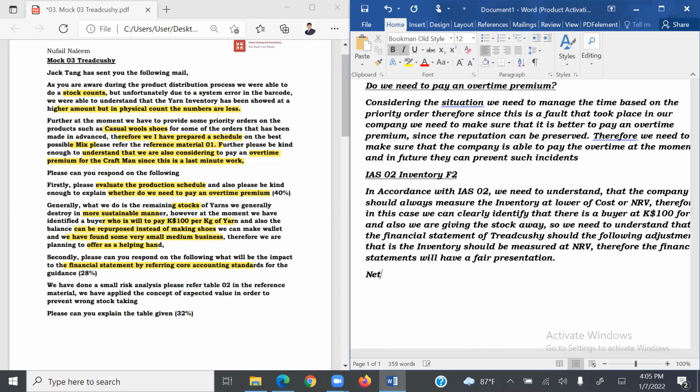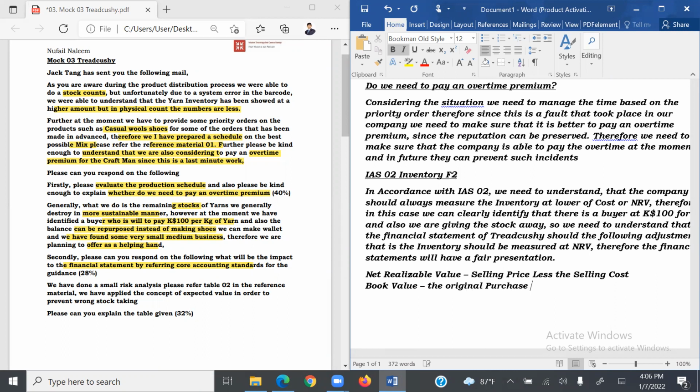To make it clearer, NRV means net realizable value. Net realizable value means selling price less the selling cost. Then there is one more element, the book value. Book value means the original purchase price.